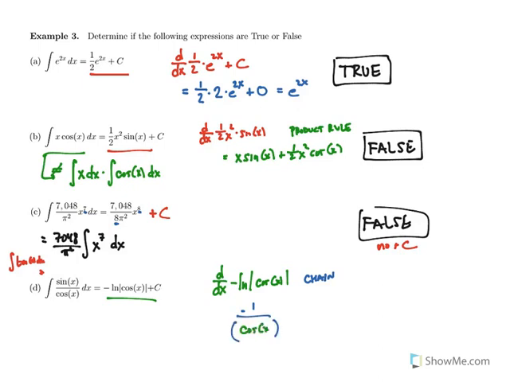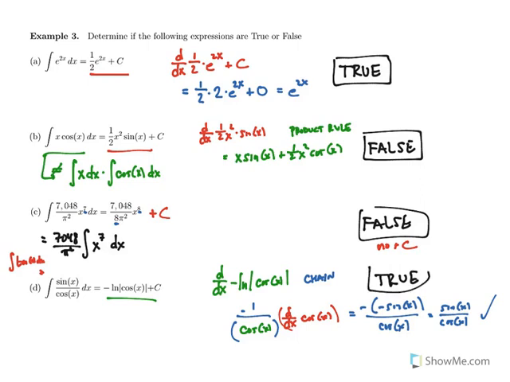We are going to leave the inside alone, and we're going to multiply by the derivative of the inside. The derivative of cosine is negative sine, so this is going to give us negative sine over cosine, which is what we need in this problem. So this is true, although it may not seem like it from the beginning.